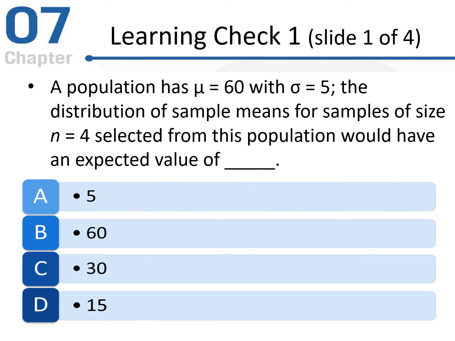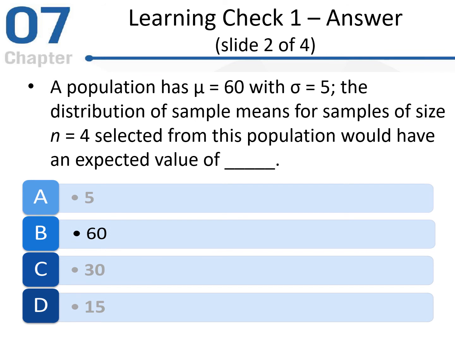Well, we know from the central limit theorem that the mean of the sampling distribution of the mean is equal to the population mean. So the mean of that sampling distribution, of whatever size it is, has to be 60, because that's what the population mean is. And that's what the answer is, of course. The mean of the sampling distribution of the mean must be equal to the population mean.